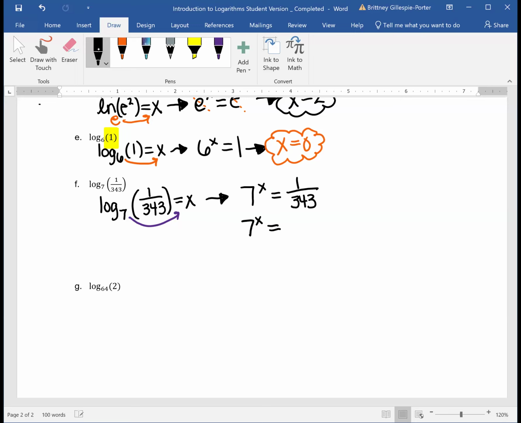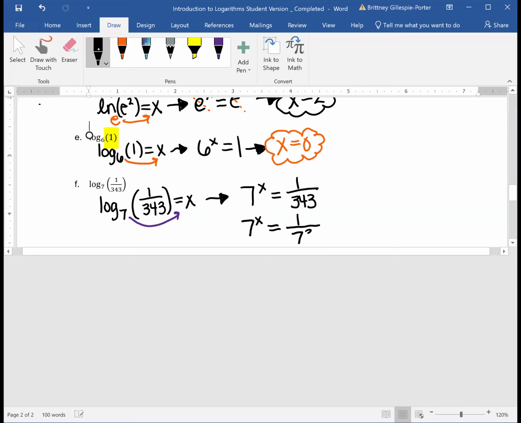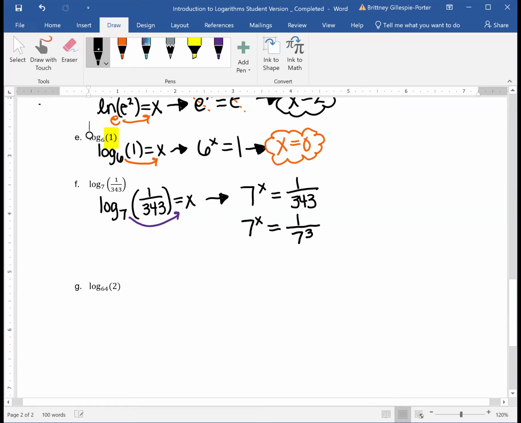So we use our calculator and find out if we can rewrite 343 as 7 to a power. We're not going to do 7 to the 1 because that's 7. 7 squared gets us 49, but 7 to the third gets us 343.